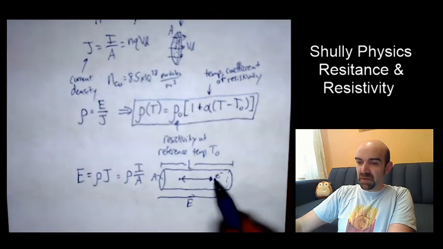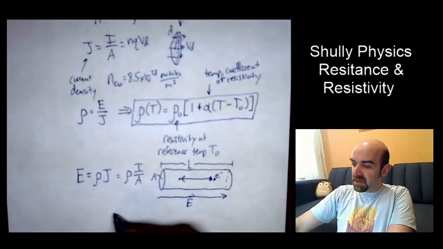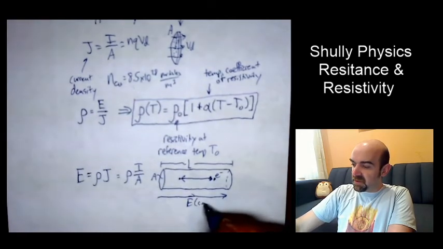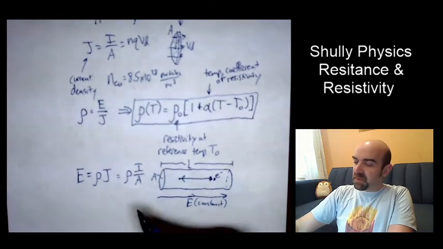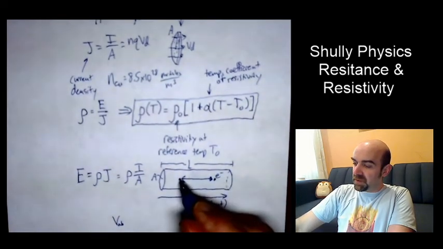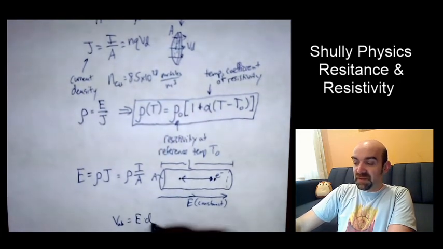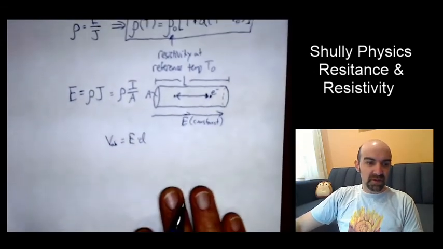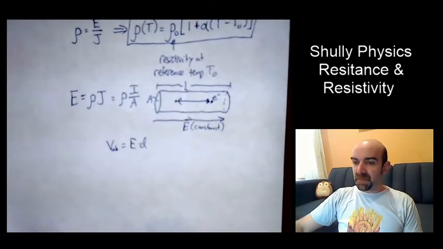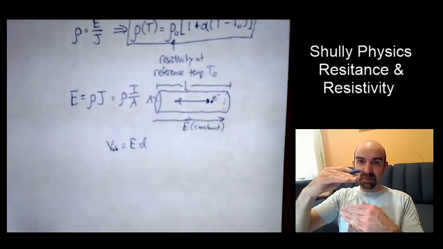To move an electron from here to here, there's an electric field applied, and it's a constant electric field. So the potential difference between one point and another, VAB, will be electric field times the distance. You might recall that V equals ED. Very similar for moving an electron in a capacitor, so between two plates.